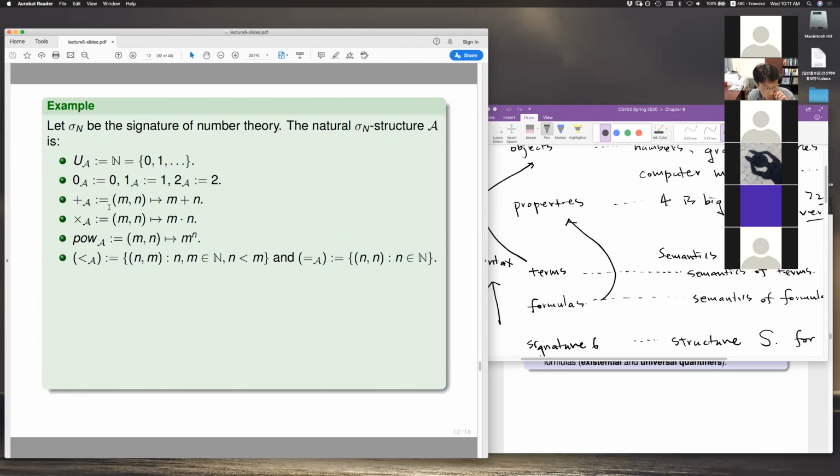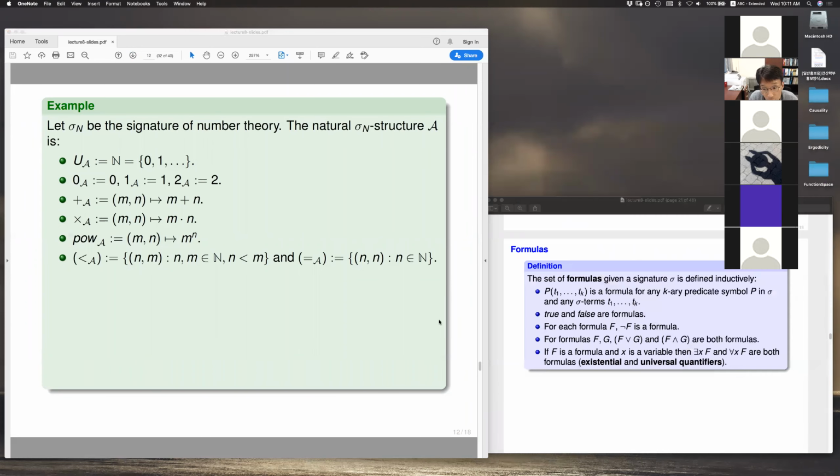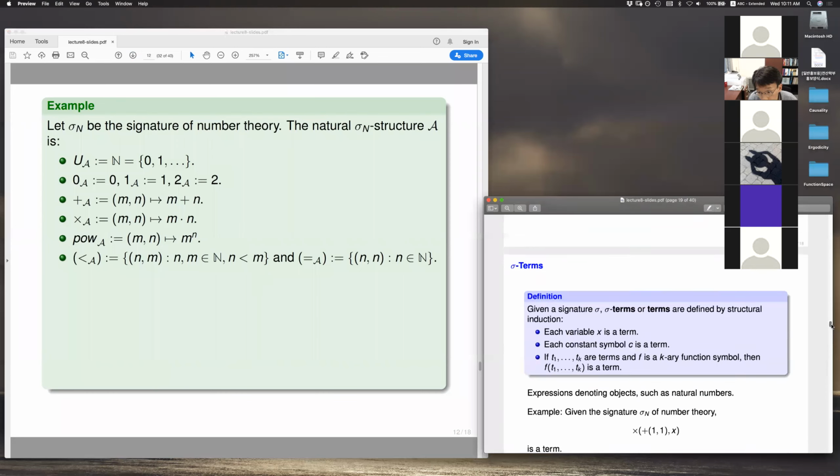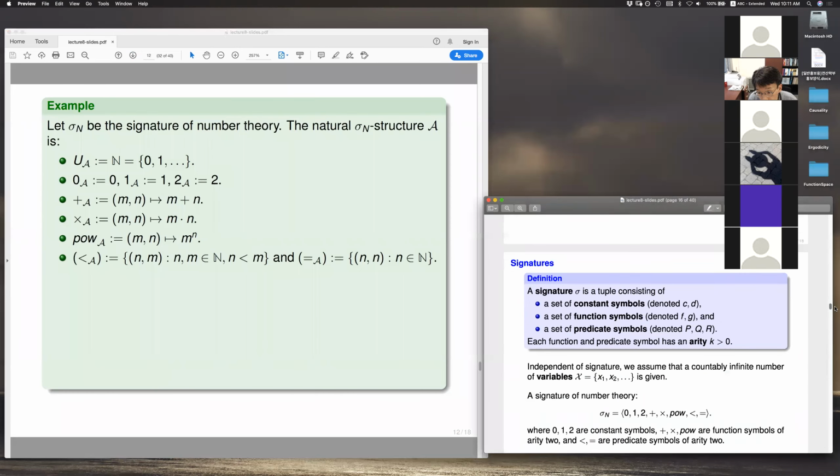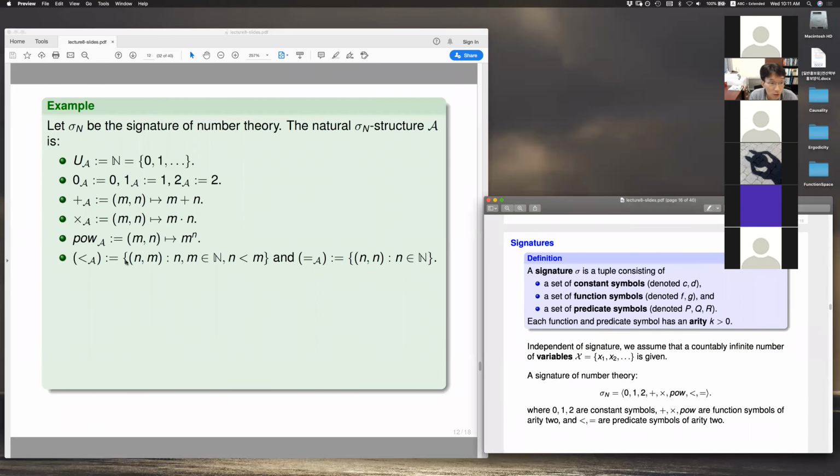So here is one very typical example of a signature. Let me show you the signature of number theory. This is a very standard structure for the signature of number theory, which contains 0, 1, 2, plus, and so on.